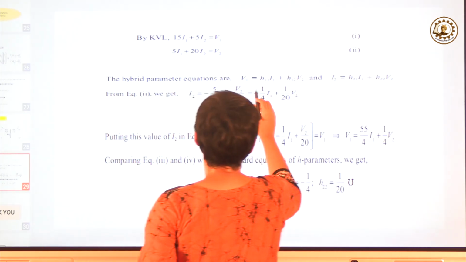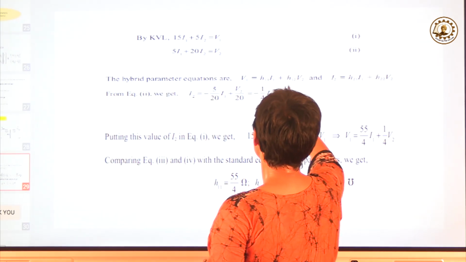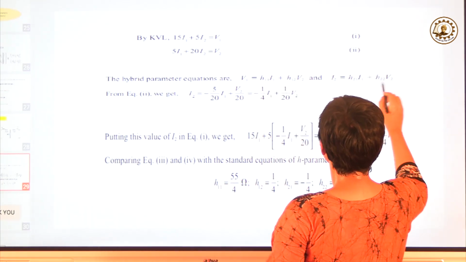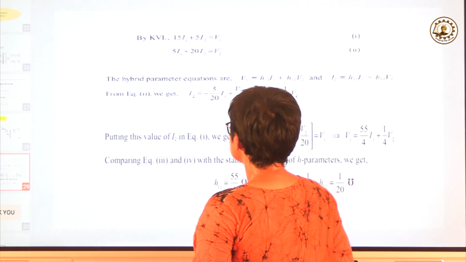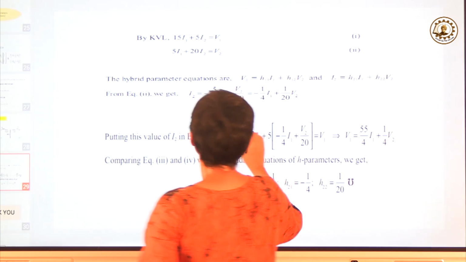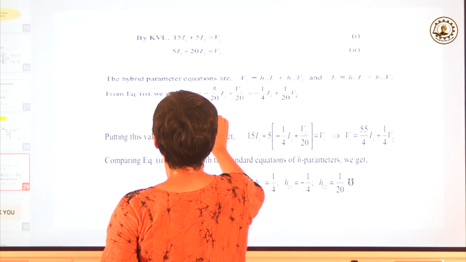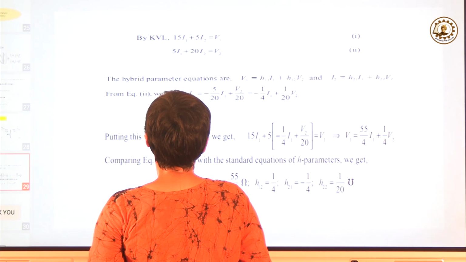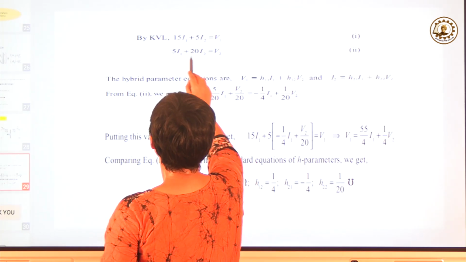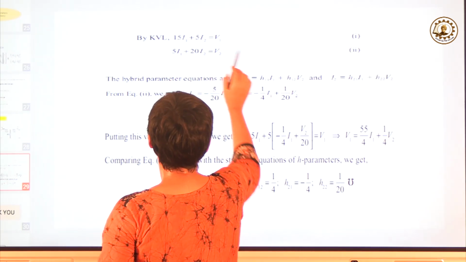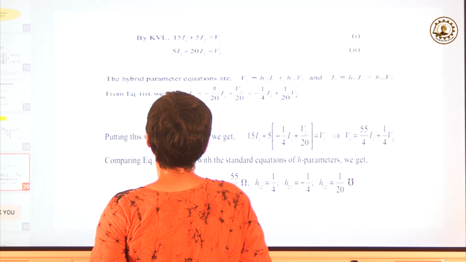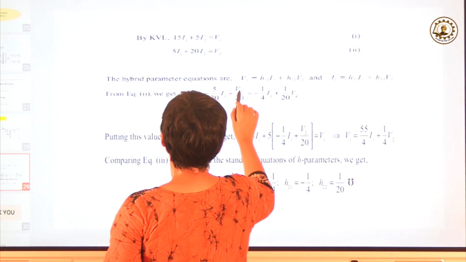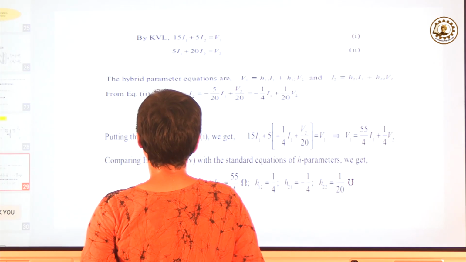Now the hybrid parameters are V1 equals H11 I1 plus H12 V2, and I2 equals H21 I1 plus H22 V2. So if we compare this with equation 2, if we divide equation 2 by 20, we will get I2 equals minus 5 by 20 I1 plus V2 by 20.